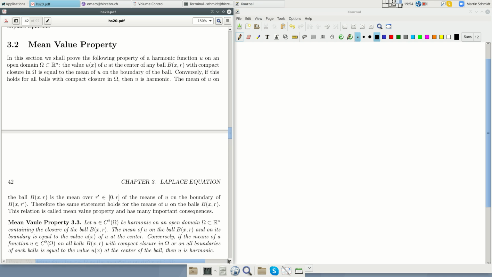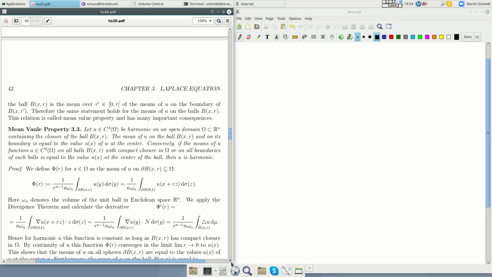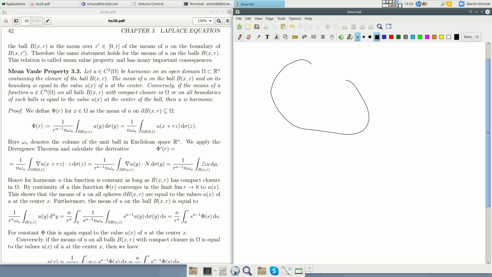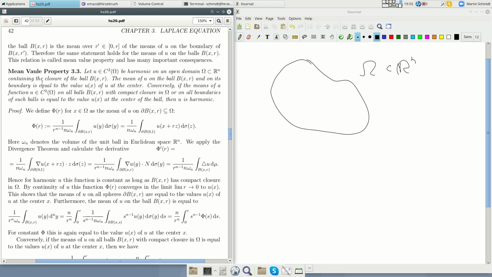Let us immediately introduce the mean value property. It's an equivalence. So, we have an open subset omega of R^n. Omega is an open subset of R^n. And now we look for a ball whose closure is contained in omega.